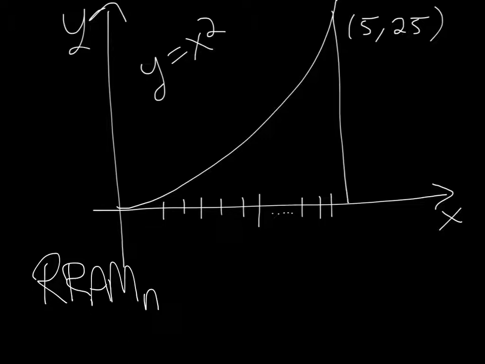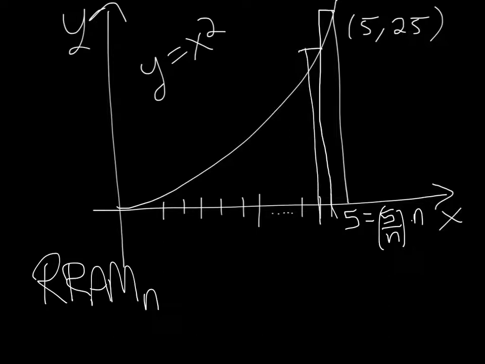Graphically it looks like this. The rightmost rectangle has its height determined by the x-coordinate of 5, which remember we called 5 over n times n. The next rectangle has its height determined by the x-coordinate just before that.